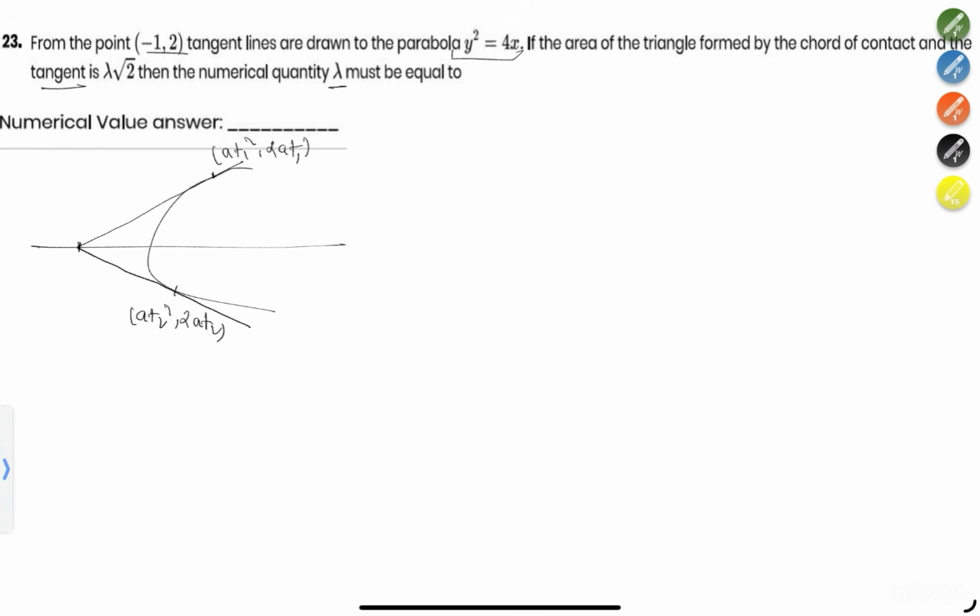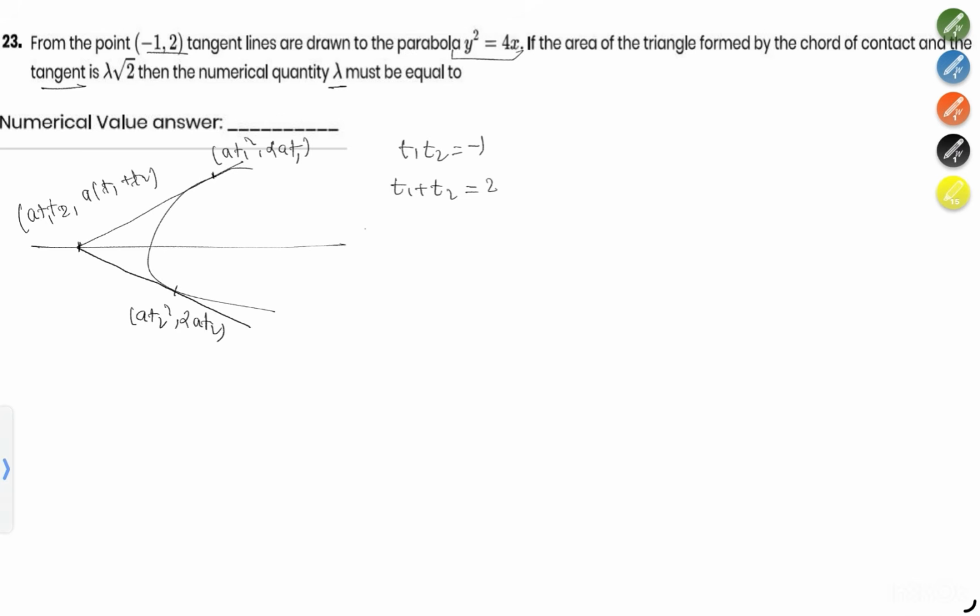Then this point has to be equal to (a t1 t2, a(t1 + t2)). These two things we will have. So we get t1 t2 equal to minus 1 and t1 plus t2 equal to 2.